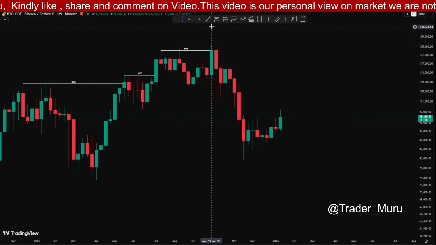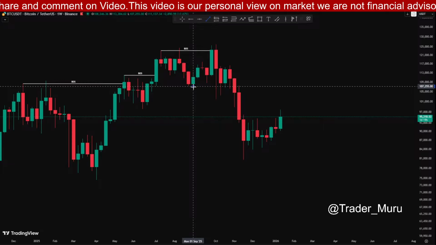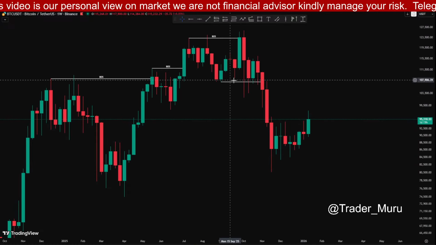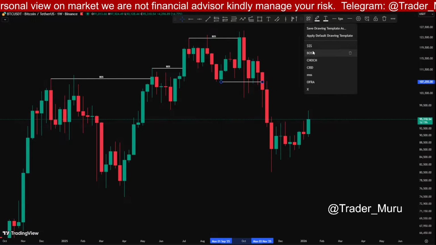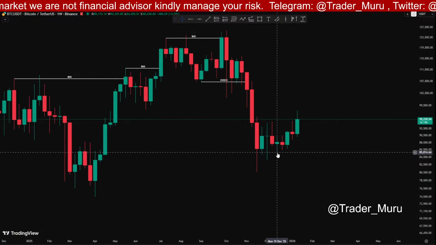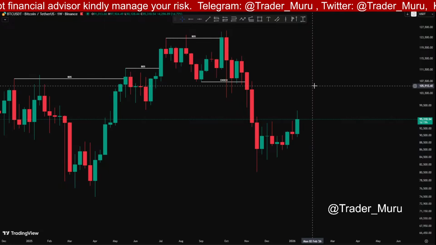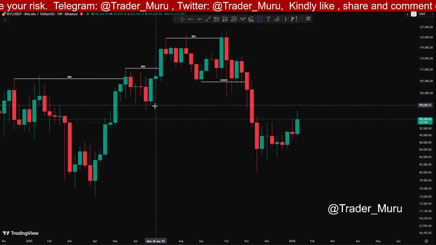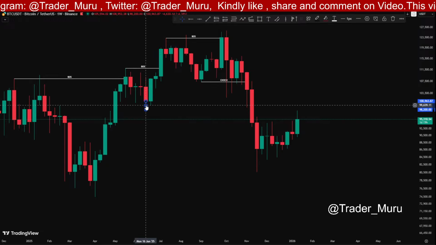After this breakout structure, price dropped massively, creating a 2 candle close below. So this is our change of character, and after the change of character, price is retracing. The retracement targets usually are the broken supports.